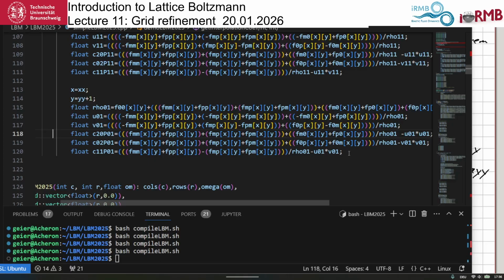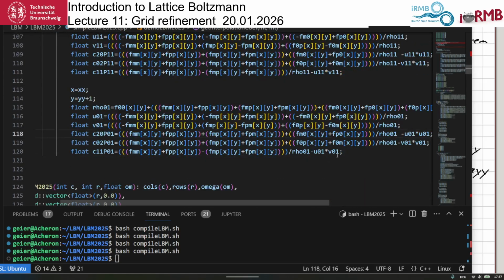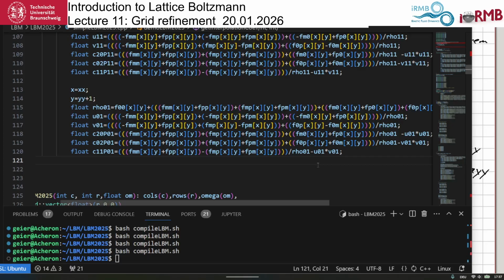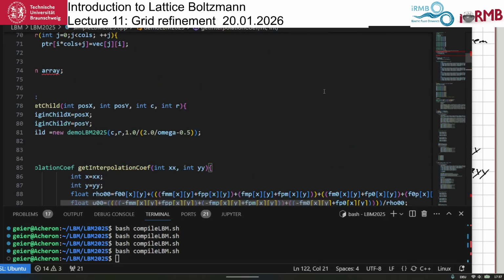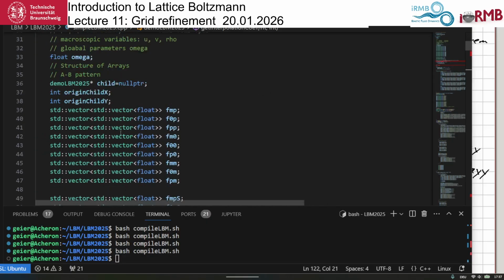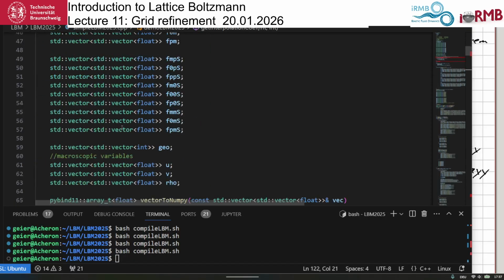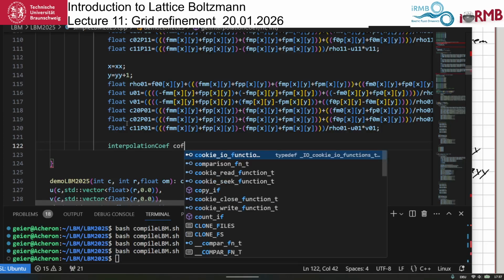So we have to wait. What was the name? Interpolation coefficient or something. Let's call them COF for whatever reason.